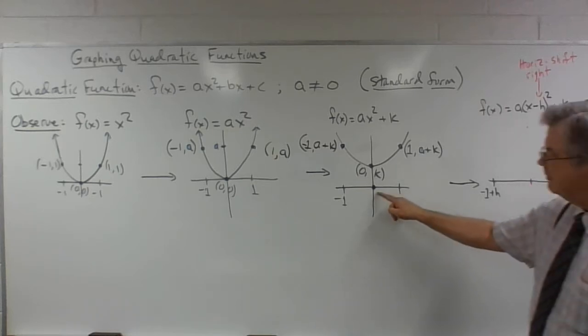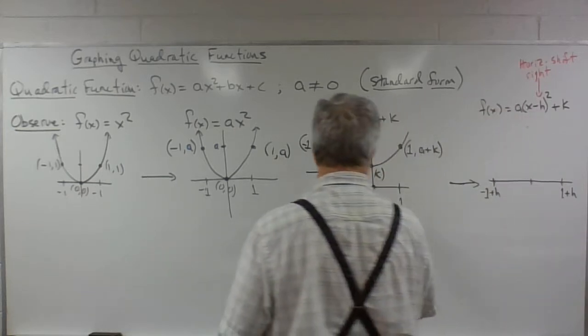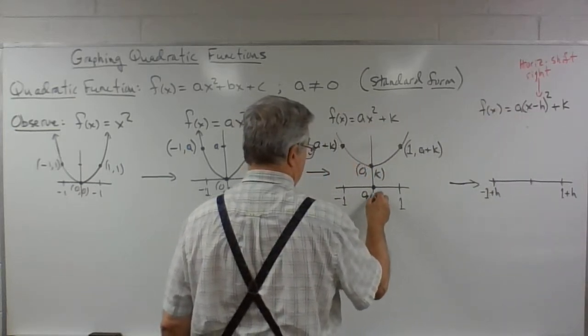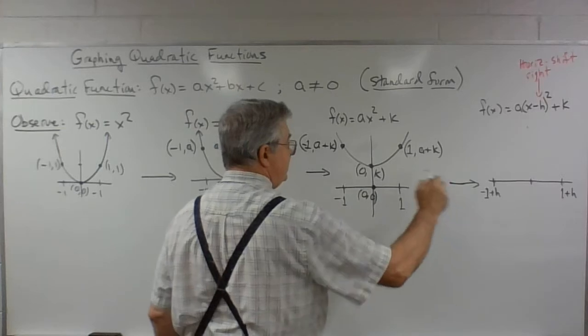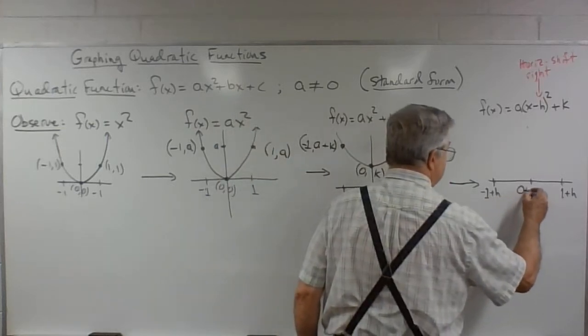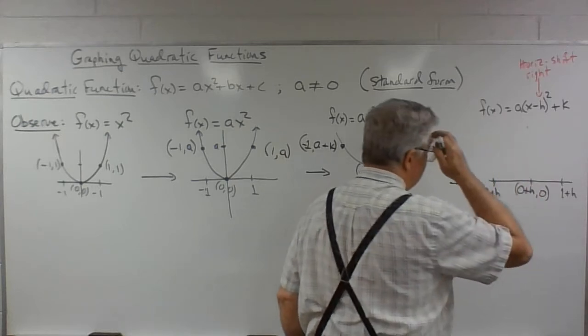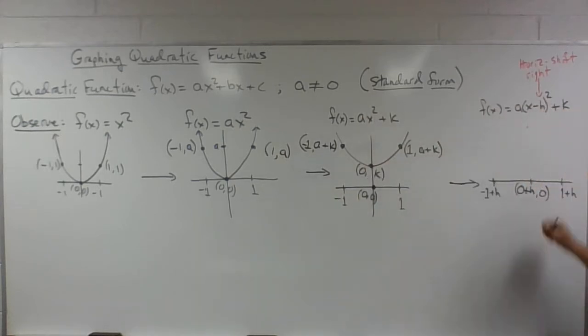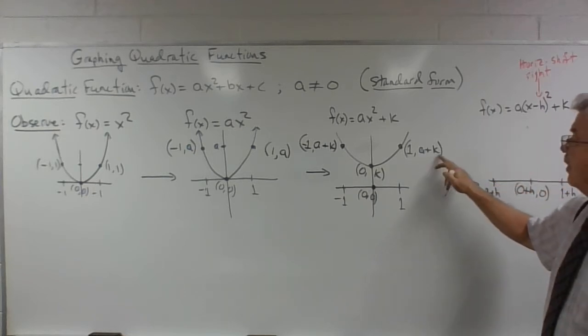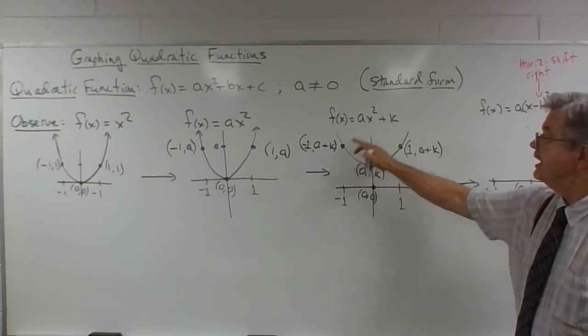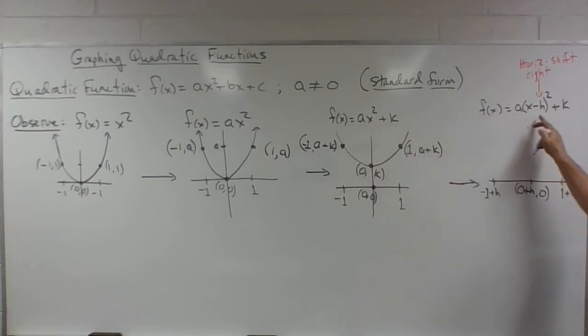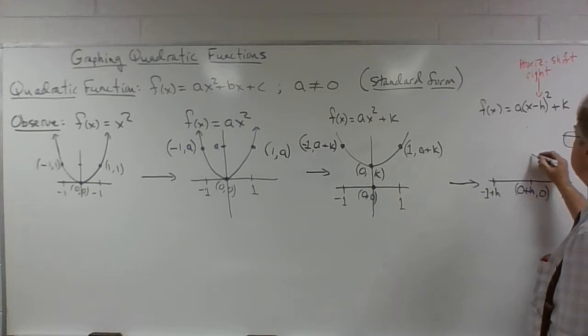I'm taking the x coordinate here, which is 0, and moving it h units to the right, so this is 0 plus h, 0. That's the origin shifted over h units. The y coordinates stay the same because going from here to here, I'm shifting the graph horizontally only.